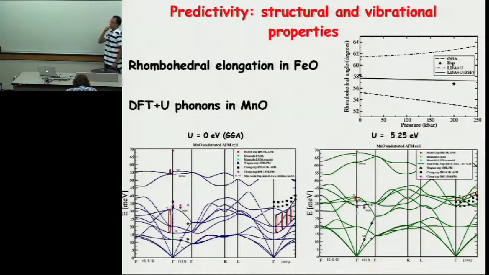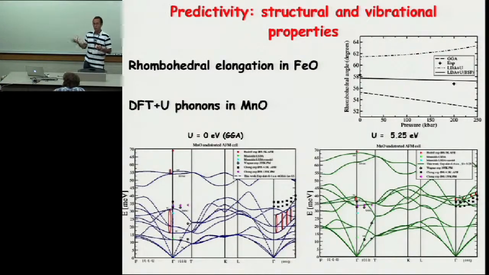Another characteristic that these computational tools should have is that they should be able to predict or compute properties that are useful, that are comparable to experiments, and vibrational and structural properties are certainly among those. So earlier I mentioned the good results we obtained for structural properties in iron oxide. Vibrational properties are important too.